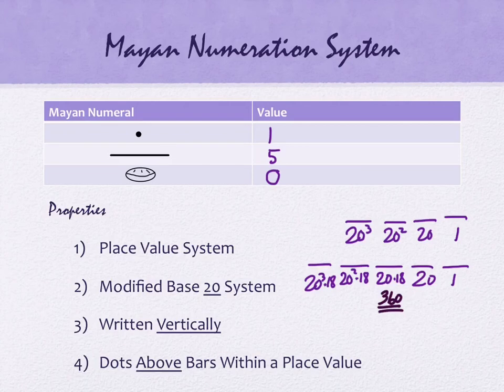Why do you think they used a base 20 system? Why do you think we use a base 10 system? That's not why. You can easily get to 100, but that's not why. How many fingers do you have?